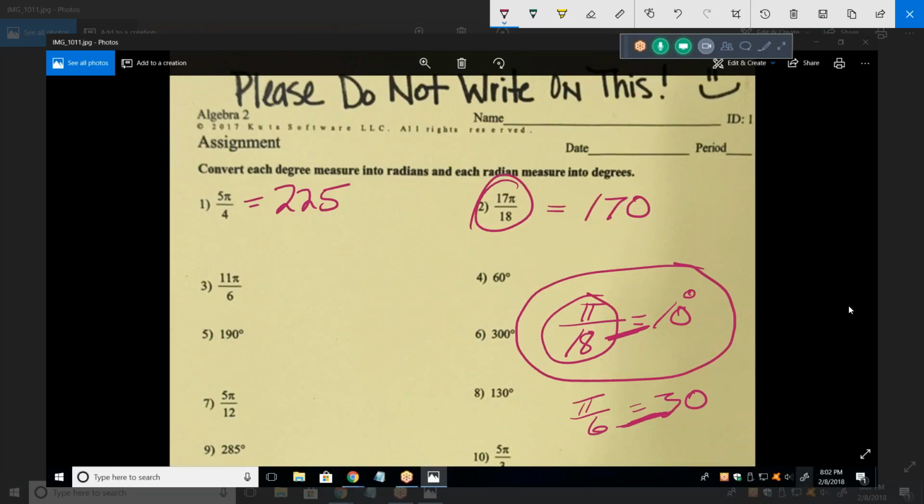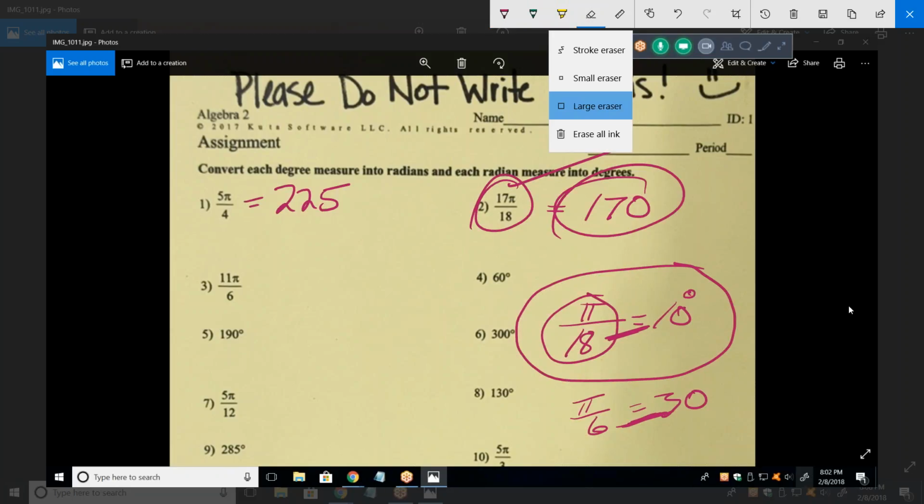So it has to be 10. And all of a sudden that becomes an extremely easy problem. If pi over 18 is 10, then 17 pi over 18 is 17 times 10, or 170.